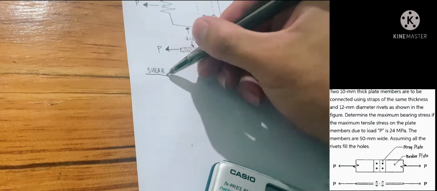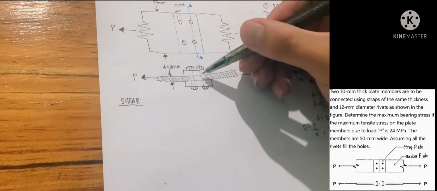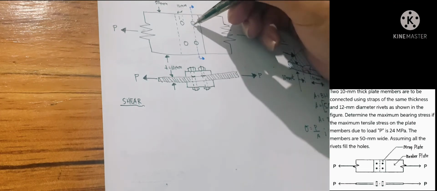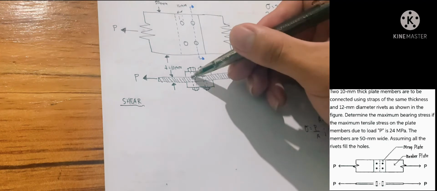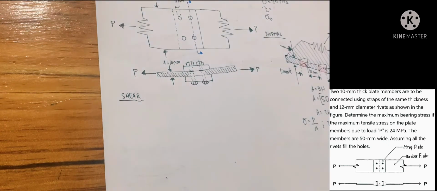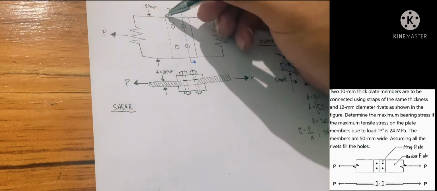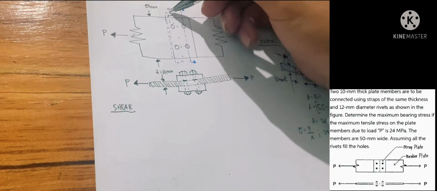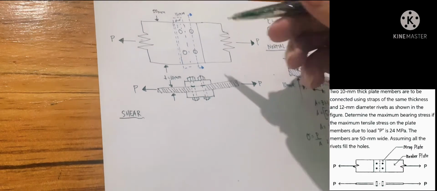Next is for our shear. Since here we can see that we have a double shear, right? For each bolt there would be double shear, and we can observe that the bolts are aligned to another bolt and they are in pair. So our 4 bolts can be divided into 2 at a time because they come in pairs.